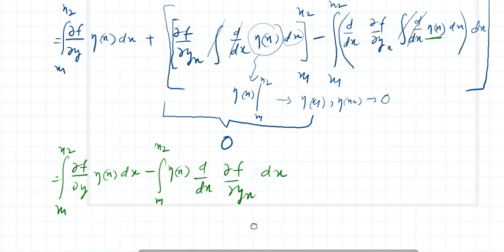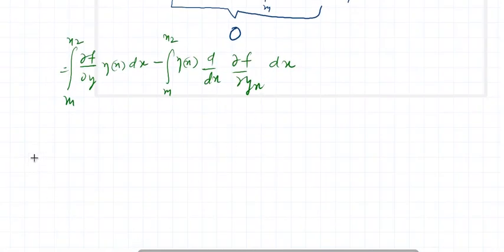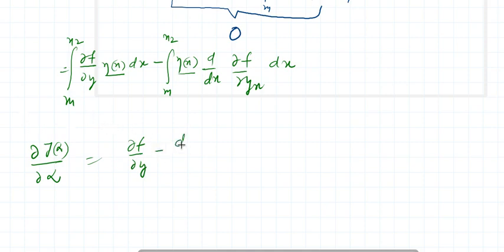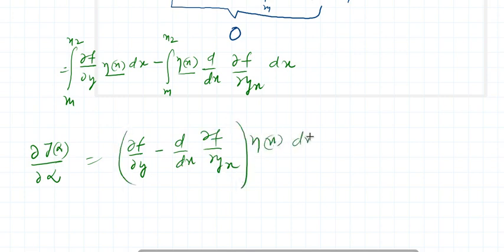Right, so that means ∂J/∂α, this was its value. I am rewriting it a little rearranged, because η(x) will be here and here it can be taken outside, and we can take the whole integral. So I can write it as ∂f/∂y minus d/dx of ∂f/∂y', into η(x) dx. It must be equal to 0, and it is the integral from x1 to x2.